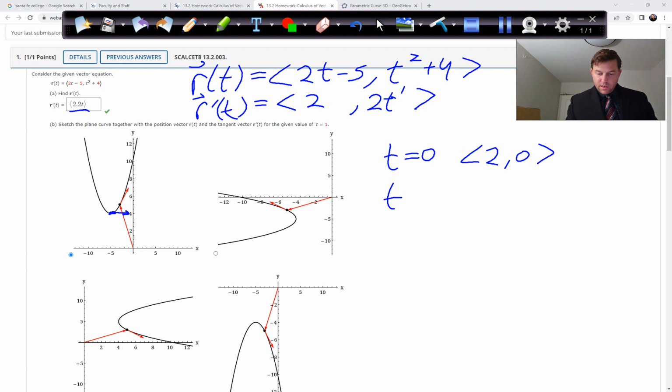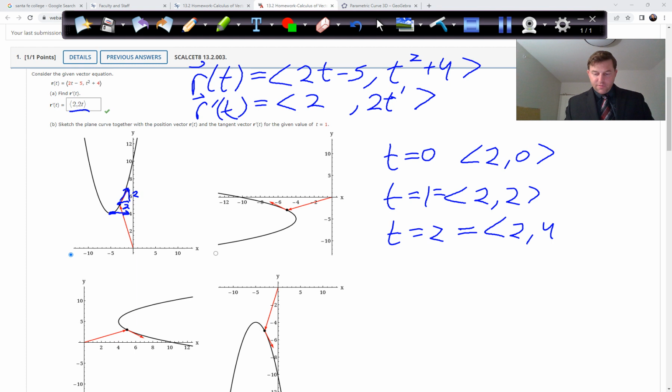Then when t is 1, you plug in 1 for t there, and you're going to get 2 again. So I believe that's this one right here. It's 2 in the x, 2 in the y. That's this tangent line. And then when t is 2, the derivative is going to be 2, 4.